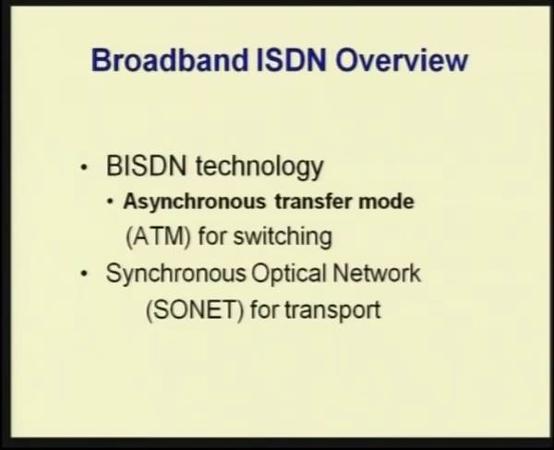If you look at the technology behind BISDN, typically it uses the asynchronous transfer mode technology, that is ATM, for doing the switching, and for transport, that is at the physical layer, typically it runs on synchronous optical network or SONET based networks.